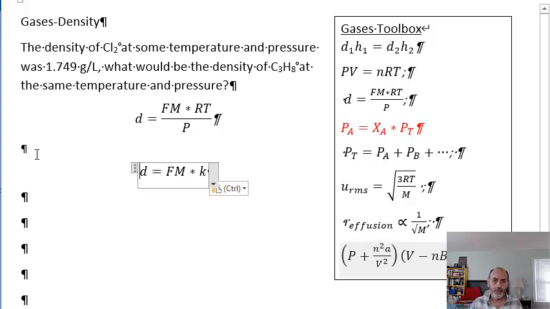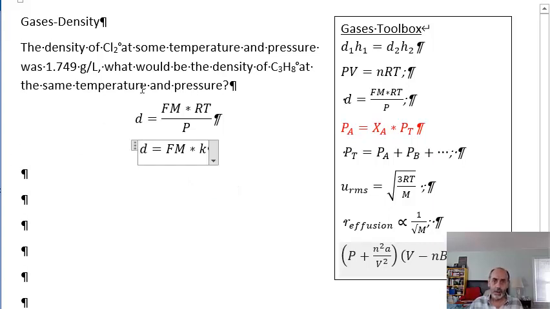So if we just take the RT over P and replace it with K, the proportionality constant, some people would take this relationship and figure out what K is for Cl2 and then apply it to propane, and that's okay, but you can do it a little different way.